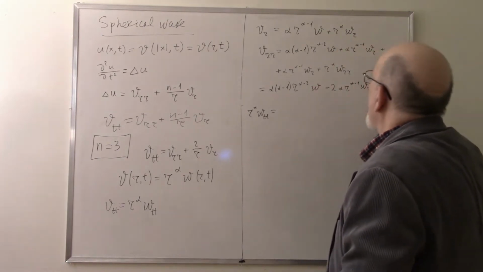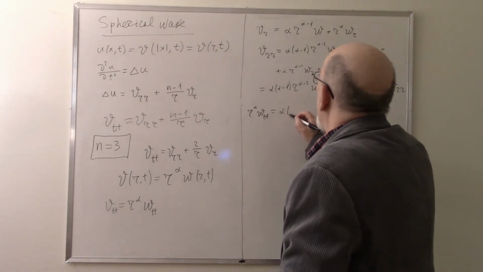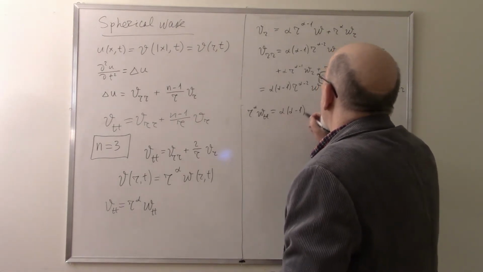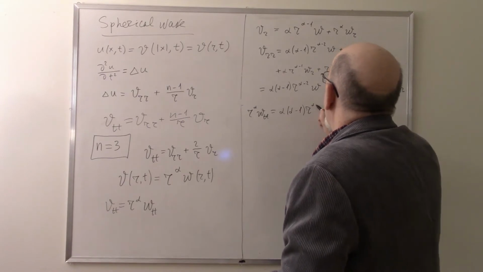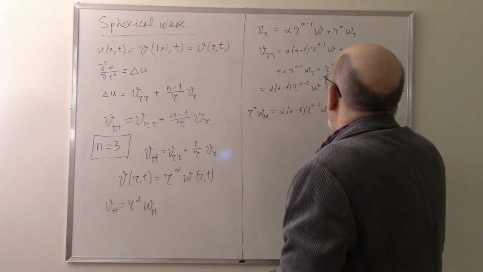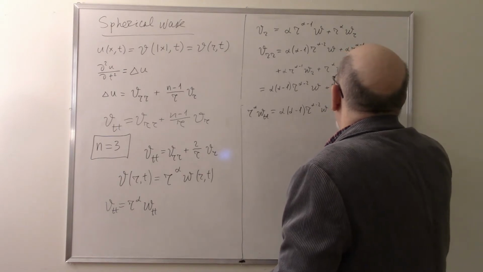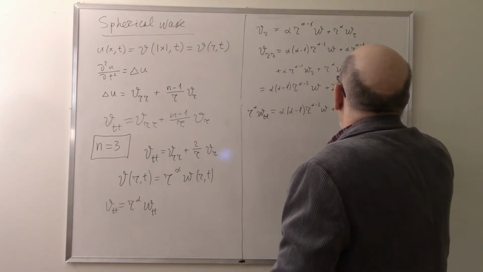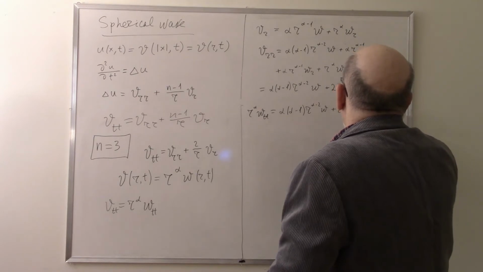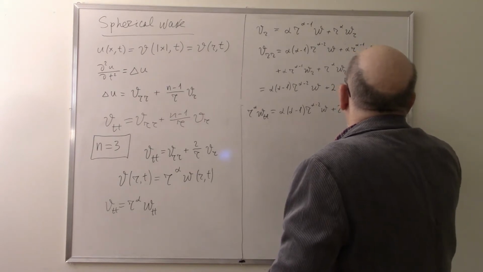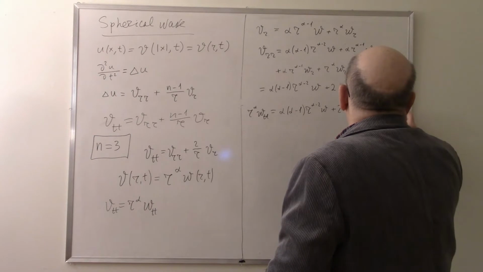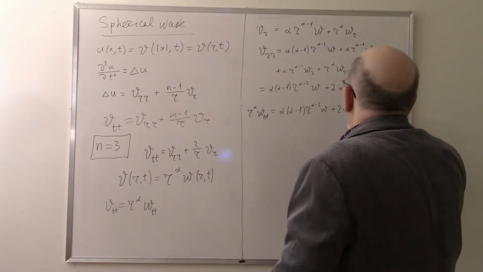VRR, it is alpha minus 1 R alpha minus 2 W plus 2 alpha R alpha minus 1 WR plus R alpha WRR.